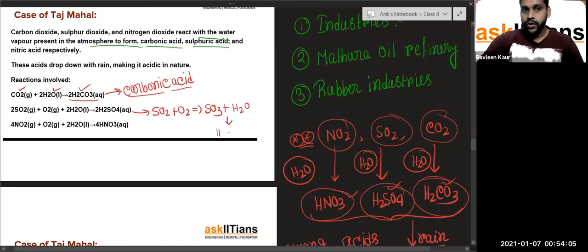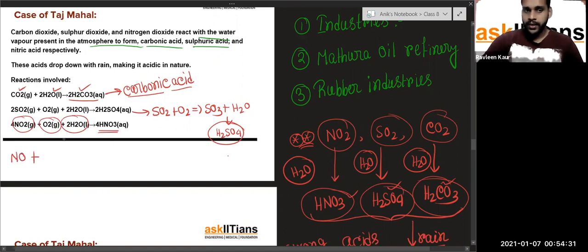This is another strong acid, and it is another constituent of acid rain. And here as well, you can see NO2, oxygen and water together make HNO3. Even NO can also make acid rain.